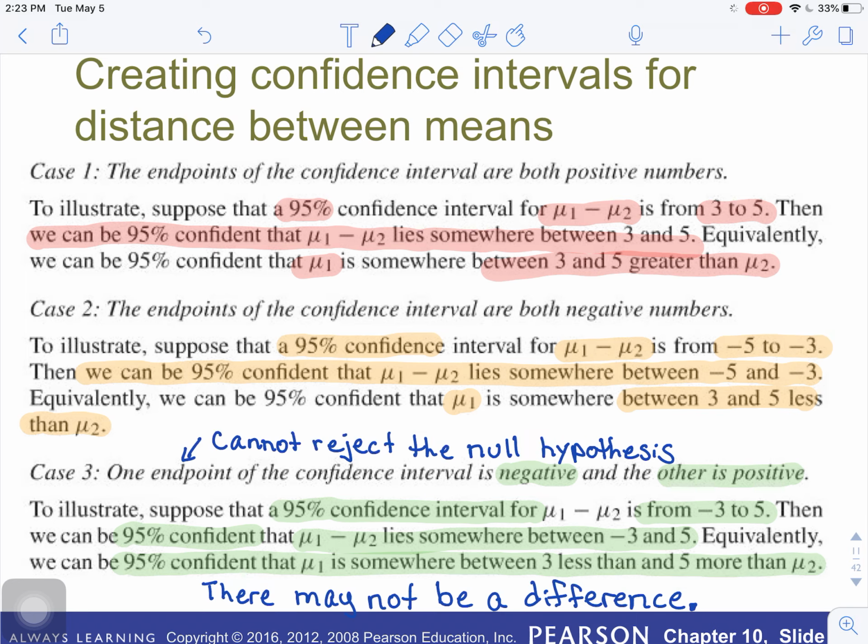We may be able to say that we may be accepting our null hypothesis because there's not enough evidence to reject it, but we still want to see where those differences could lie. And this could be one of those where we're talking about quality. Actually, perfect example, I opened up a water bottle yesterday, and when I opened it, it was literally filled to the top of the container.